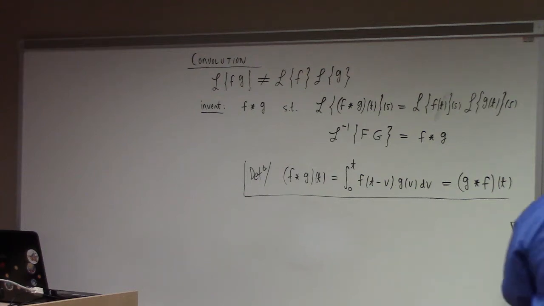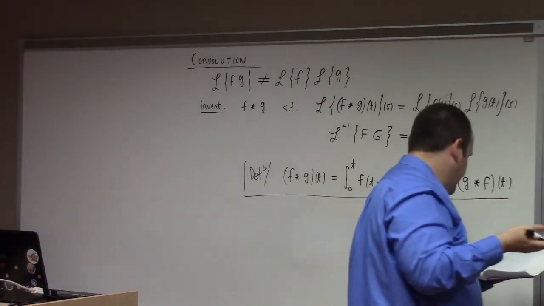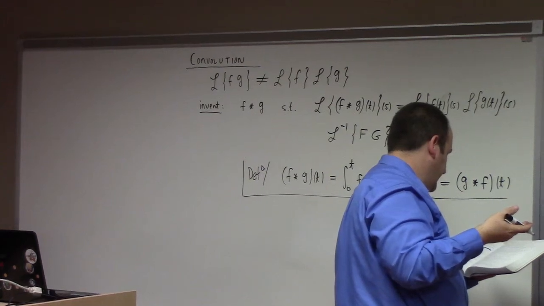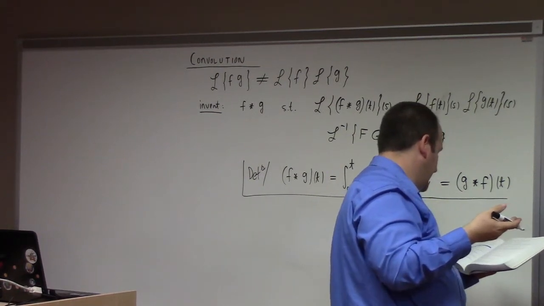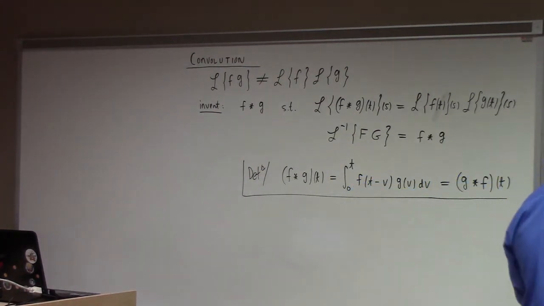Now, he says, to simplify the evaluation of this iterated integral, we introduce the step function u of t minus v, and rewrite the inside integral as an infinite integral as well.